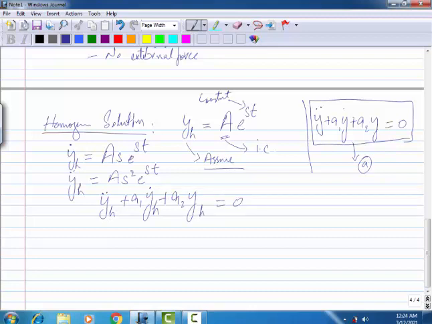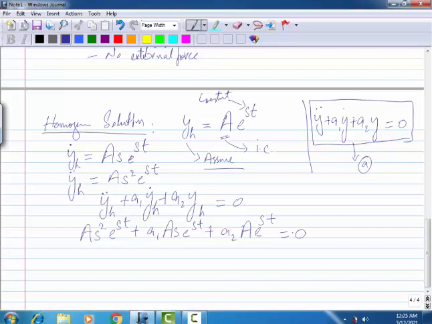Now I put the values here. For the second derivative I put this value, so it becomes A s square e^(st) plus a1 A s e^(st) plus a2 A e^(st) equal to 0.